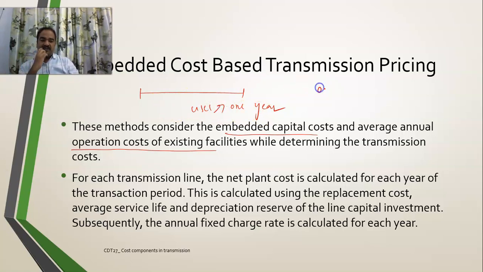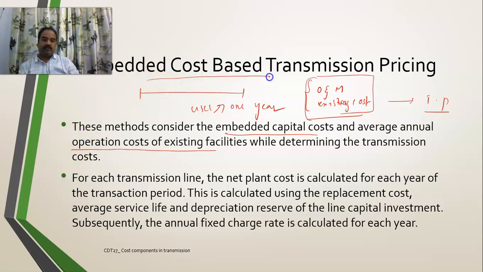Whatever the operation cost, maintenance cost, and the existing cost, along with opportunity cost and reinforcement cost, all this will be calculated and the average value will be decided as the transmission price. So including the embedded costs, both capital and also maintenance and operation, that is the primary motto of embedded cost-based transmission pricing.